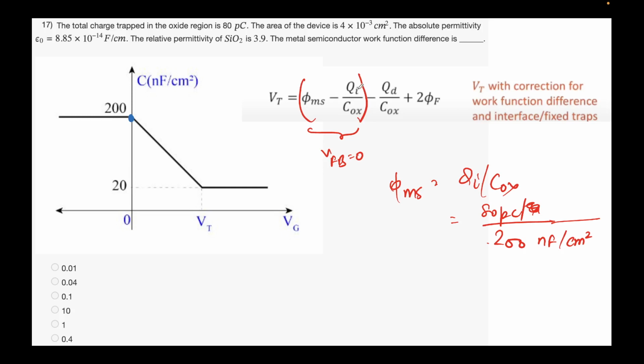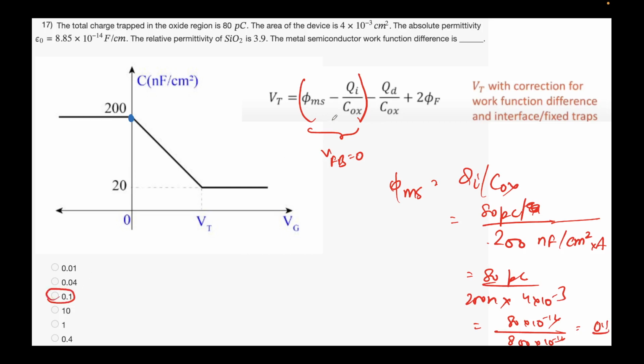So this is Q. Yeah, so if this is coulombs, this has to be farads, which is not the case, so we must multiply it by area. This will be 80 picocoulombs divided by 200 nano times area, which is 4 into 10 to the power minus 3. So this is 80 into 10 to the power minus 12 over 800 into 10 to the power minus 12. This is 0.1. 0.1 units, volts.